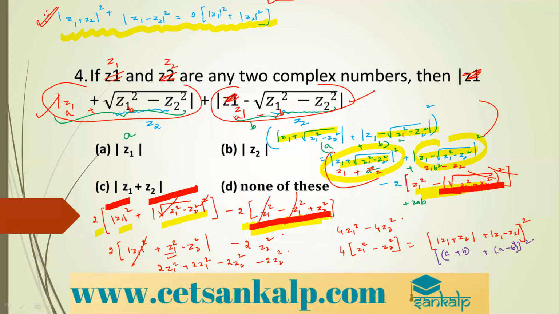Imagine it like this. So what will you have? A plus B plus A minus B whole square, 2A minus 2B whole square. This is what you have, isn't it? So the same thing I have written. I will write this as, let me first erase it.